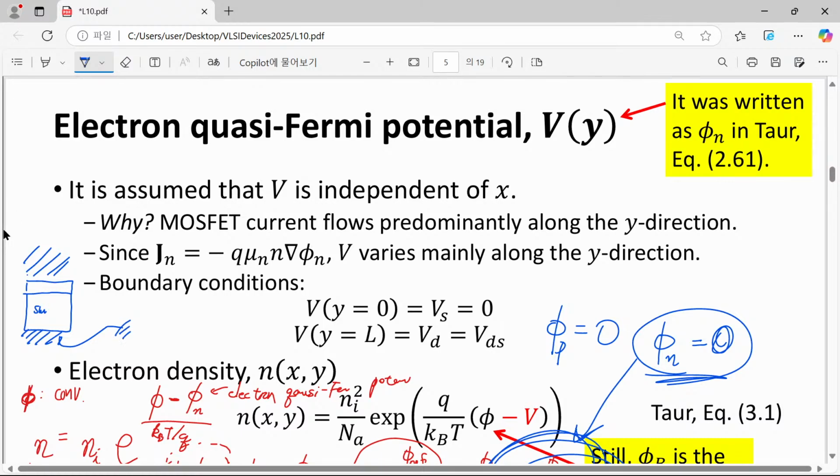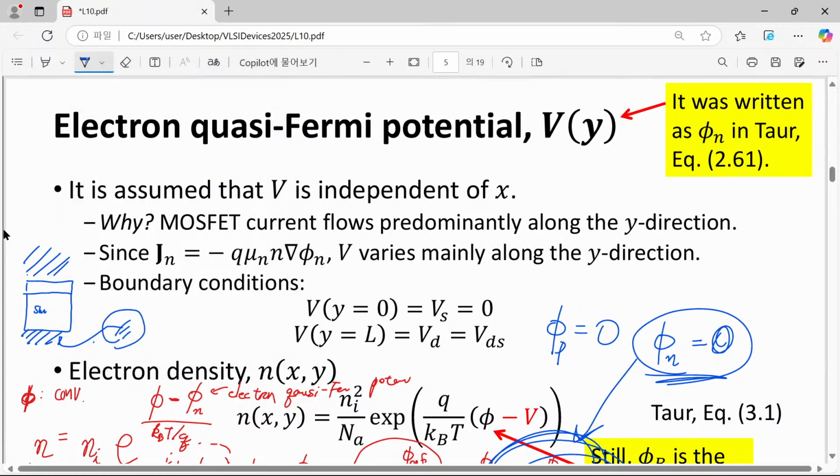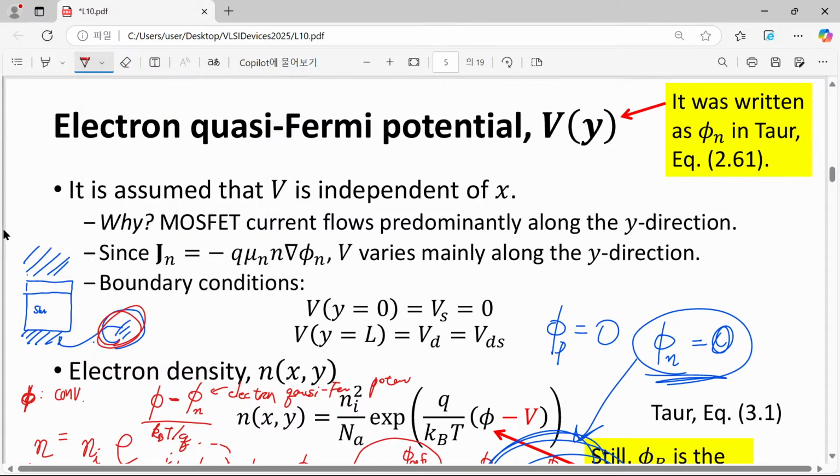So that's the reason why this ground provides phi n equal to phi p equal to 0 over our entire silicon substrate. Of course, here we have gate voltage applied to the metal part.